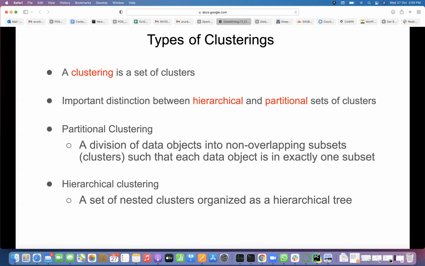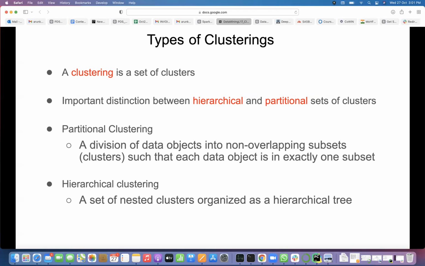Hierarchical clustering is a set of nested clusters organized as a hierarchical tree. If you think of the whole MSIT and want to make a hierarchical clustering, first the whole MSIT will come. Then again 2 groups: employees and students. Employees are part of the MSIT group, and students are also part of it. Then in employees, teaching and non-teaching; in students, first year and second year.